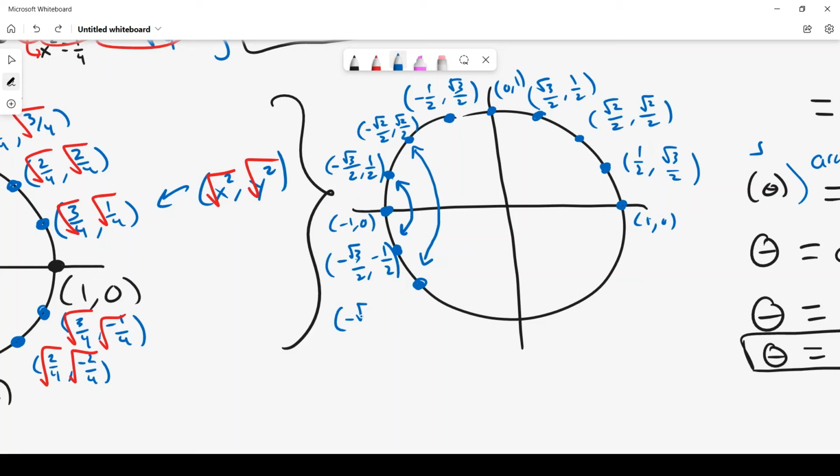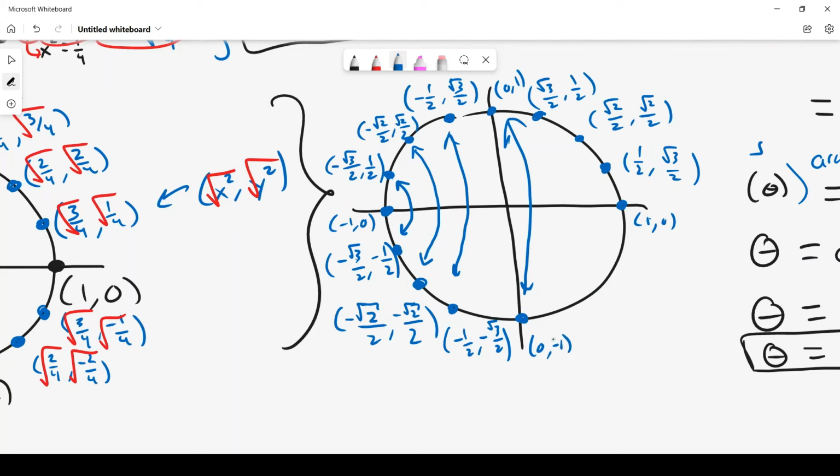Whoops, looking at the wrong one. Square root of 2 over 2, negative square root of 2 over 2. From right here as well, this value is negative 1/2 and negative square root of 3 over 2. And now this value right here, you can still do the same thing, just adding that negative onto there. It would just be 0, negative 1.